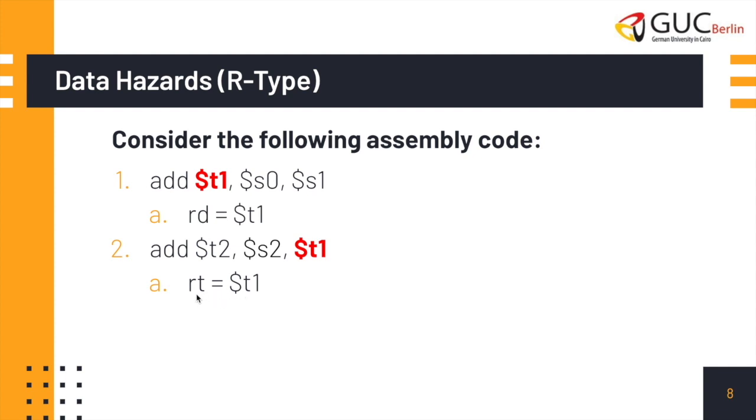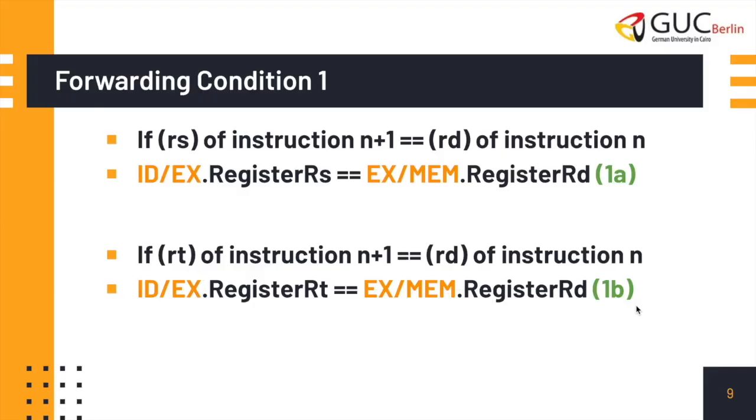So I need to perform the same check here, which is condition 1b: if the RT of instruction n plus 1 is equal to RD of instruction n. It is the same as the previous condition, but I'm replacing RS with RT, because when I read, I can read either register RS or register RT. I have two operands and both can be the RD of the previous instruction. So I'm checking if ID/EX.RegisterRt is equal to EX/MEM.RegisterRd.